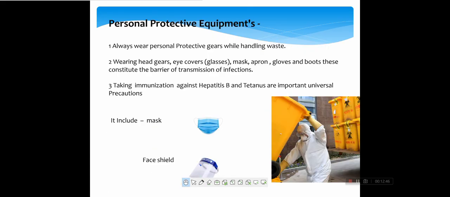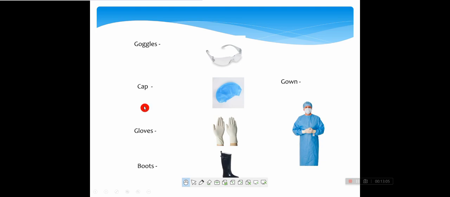And then we studied personal protective equipment. Always wear personal protective equipment while handling biomedical waste. As you can see in the diagram, we should always wear a mask, face shield, goggles, cap, gloves, boots and gowns.